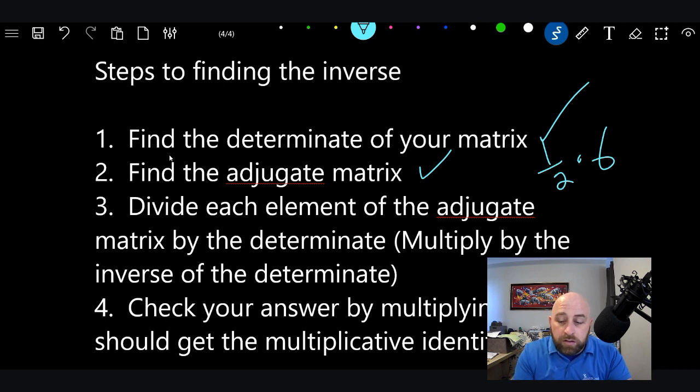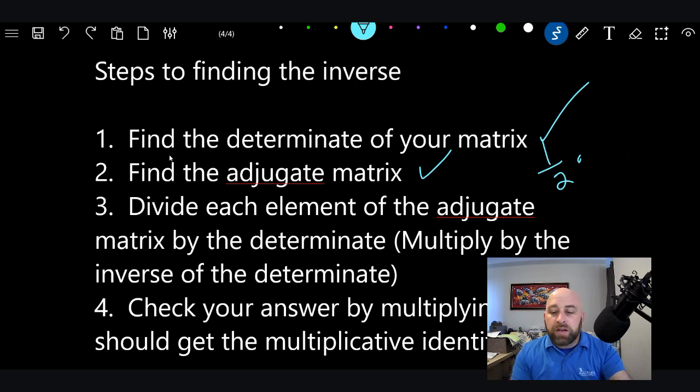Did you know that? Or 6 over 1? Because watch what you get. 1 times 6 is 6. 2 times 1 is 2. 6 divided by 2. Okay? So you got the same thing that you started with. So we can do it this way. We can multiply by 1/2. This is the same thing as saying 6 divided by 2. They're both the same thing.